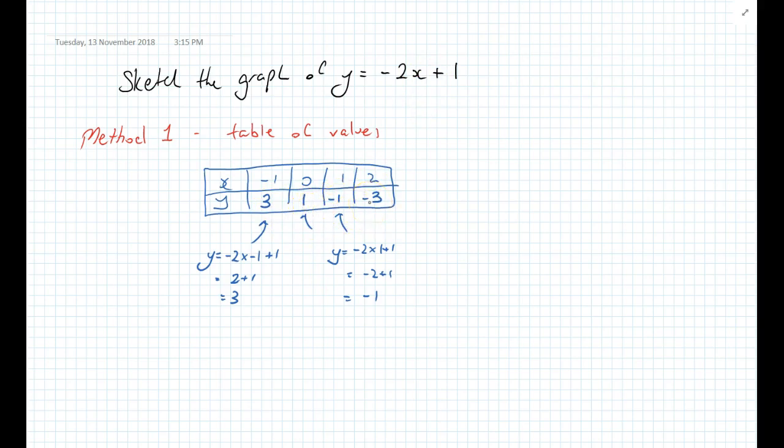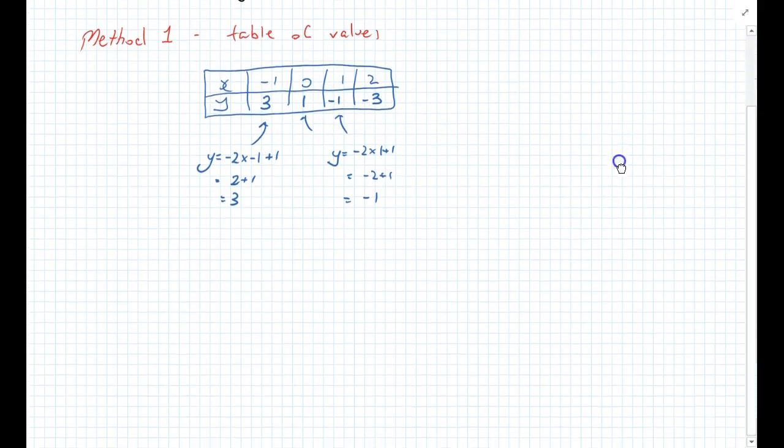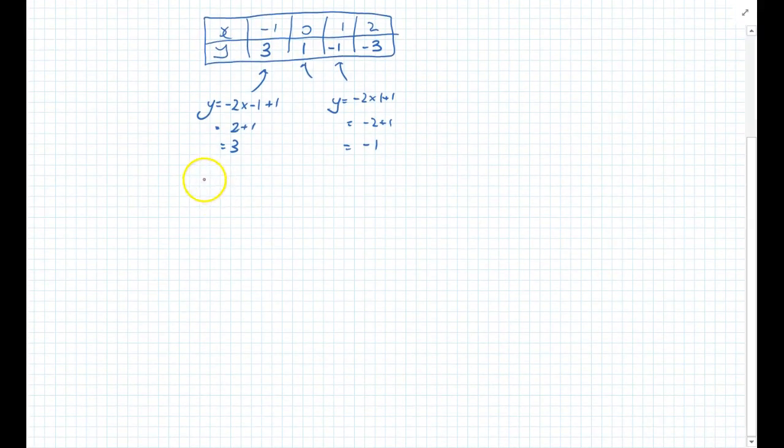This is all good. Now I've got 4 points and I'm going to plot them on a number plane. Unfortunately, my lines are not going to be perfect, but I'm having a go. -1, 3: I'm going to go -1, and up roughly 1, 2, 3, so he's up here somewhere. 0, 1 is that guy there. 1, -1's down here.